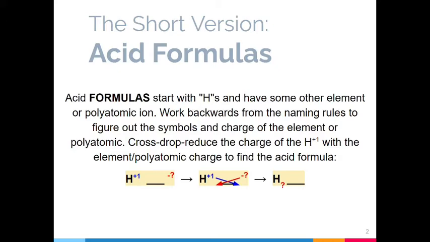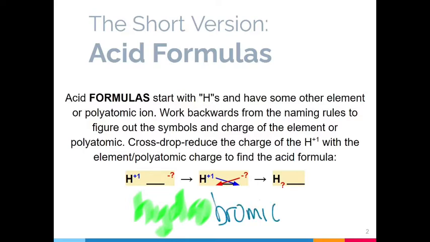And all we've got to do to write the formula is cross-drop reduce the charges of that H and that other piece. So really the first step is interpreting the name of this acid to figure out what the pieces are.